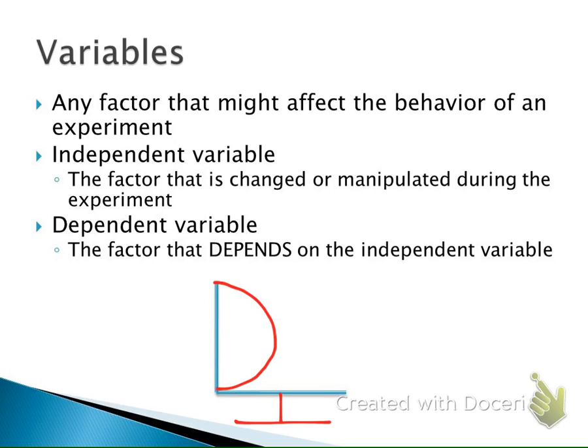Maybe I'll draw it a little bit better. If you're having trouble deciding which might be which, independent gets put on the x-axis, y-axis is the dependent variable. That's why most of the time you see time or temperature on the x-axis.